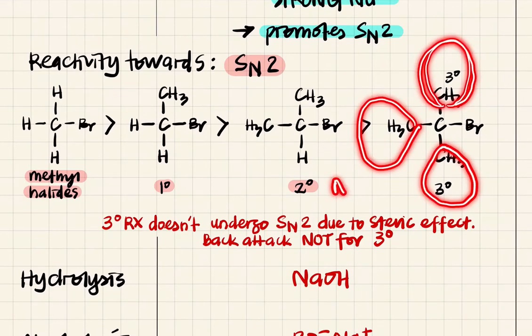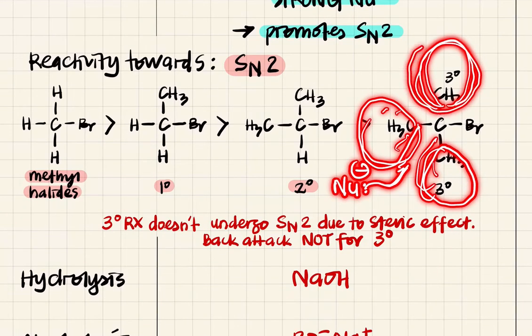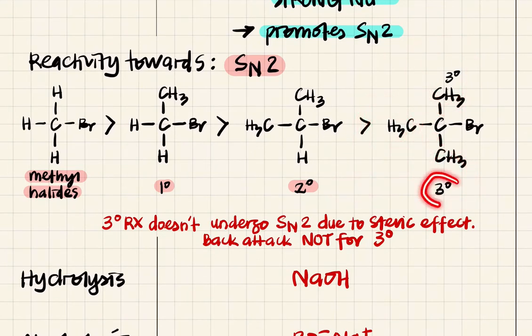So that means that awak punya nucleophile, okay, dia tak boleh nak lalu sini sebab dia macam banyak block, okay, banyak molekul kat sini. Steric effect dia kuat sangat kat sini. Okay, so that's why tertiary haloalkane will most definitely never undergo Sn2. Okay, not made for tertiary haloalkane.